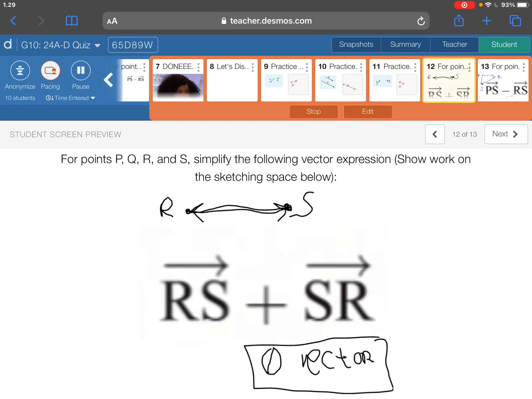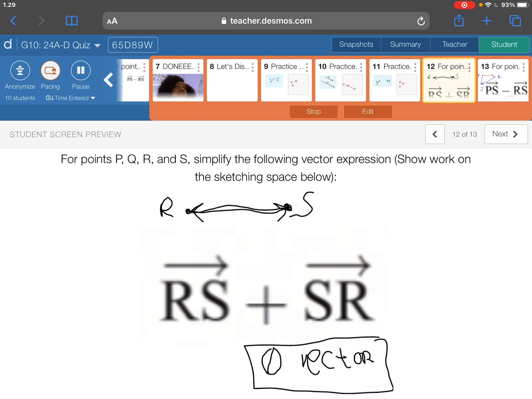Okay. So for this one, they say ignore the question there, but for points R and S, simplify the following vector expression. So vector RS plus vector SR. So we know that RS and SR are just the opposite vectors, right? Their magnitudes are the same, but their directions are different.